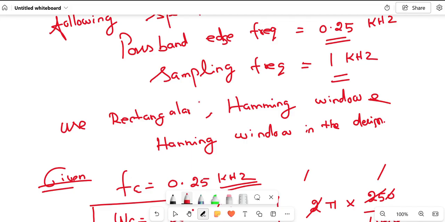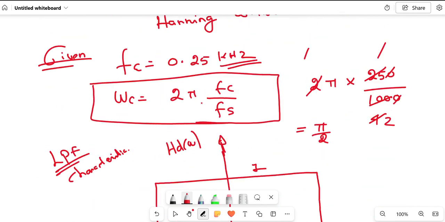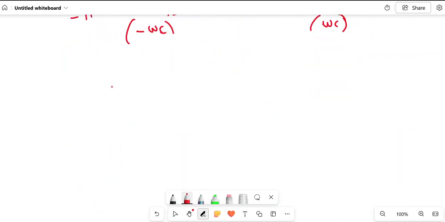One more clue I will give here: the filter is symmetrical, so we need to calculate only for n from 0 to 5, which is sufficient.